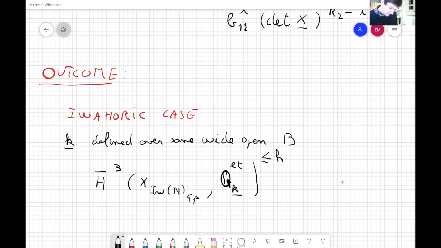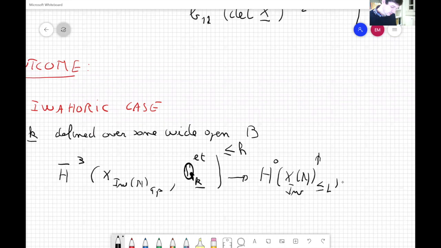Here, I'm just, at least if you don't take the interior thing, so I'm restricting to the image of the interior thing. This actually maps to the H0 on this locus where everything happens. Maybe actually I have to take smaller loci. So here, let me take a dagger, meaning that I take even smaller neighborhoods to make this whole construction work.